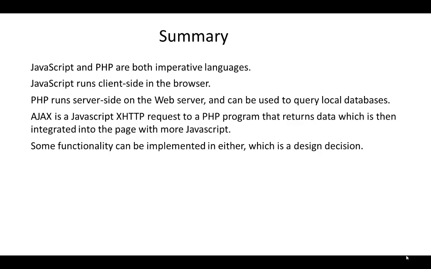Just a little note there, as I said with returning the GeoJSON feature collection, there are different ways to do it. You could either do it in SQL, like I've shown you how to do it, or you could write it in PHP. Which you decide to do is purely a design decision. There's no right and wrong way of doing it unless your design doesn't deliver the functionality that you want.